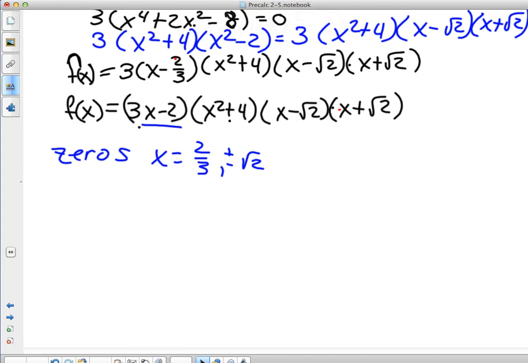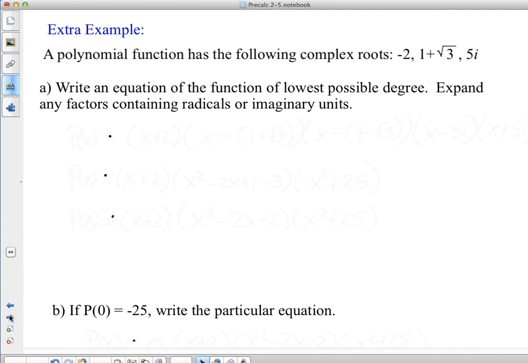Now, last problem, and it seems like the last two problems are kind of connected. A polynomial function has the following complex roots. Keep in mind, complex roots have friends. It is now your turn to at least set up the linear factorization, where you take the binomials you can find, or trinomial, and show me what you'd multiply together to start making your function.